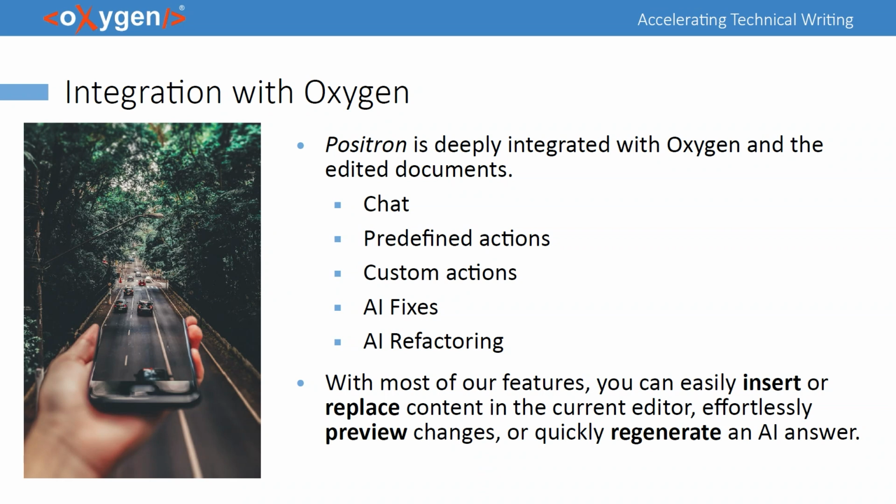When you install the add-on in Oxygen, you will get a chat window, and you will have a list of predefined actions that you can use. You also have the possibility to create your own custom actions. We have these so-called AI fixes. This means that you get validation errors in Oxygen, and you can simply show the contextual menu on that validation error, go to an AI fix action, and using the validation error message and the problematic content, we send that content to the AI service and expect a fix from the AI.